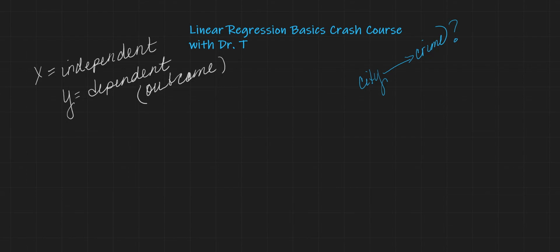We often want to know why it's going up or why it's going down. So we may begin to think that, based on theory, there are things like economic indicators. There are laws and legal changes.